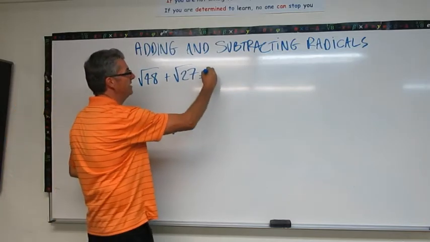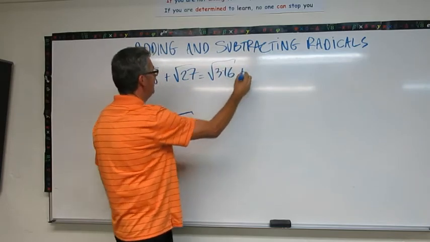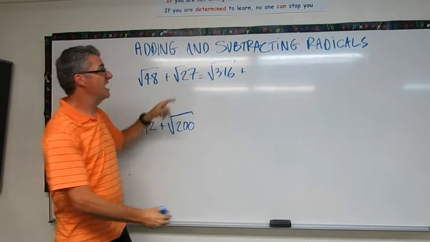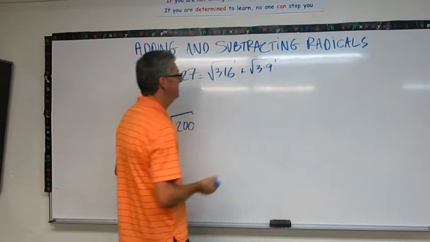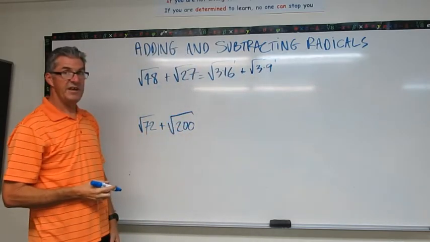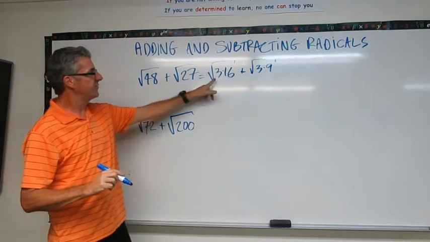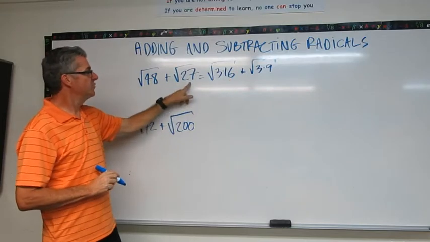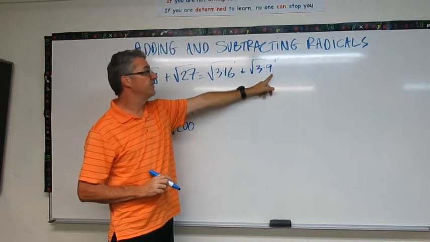So this would be root 3 times 16 plus, now 27 is 3 times 9, plus root 3 times 9. Now that's looking good. And you'll see in a second why I think that. But just to summarize, 48 factors into 3 times 16, and 16 is a nice big fat perfect square. 27 factors down into 3 times 9, and guess what? 9 is also a perfect square.